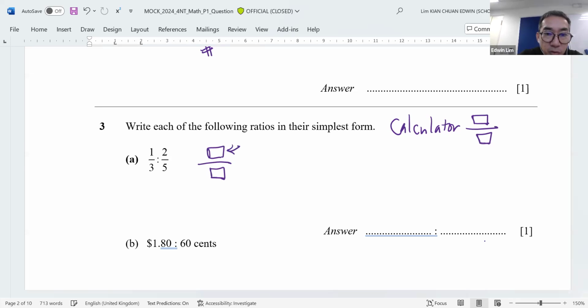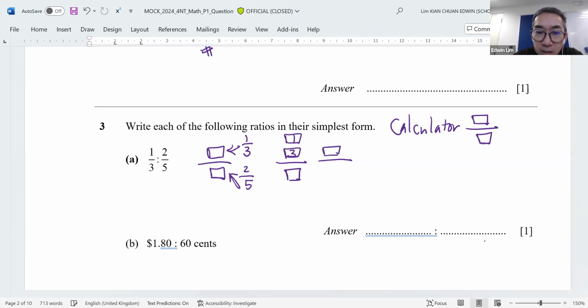The top, you're supposed to write 1/3, and the bottom, you're supposed to write 2/5. So when you're writing the 1/3 at the top part of the fraction, you press another fraction sign. You will get this, and this is whereby you can key in 1/3. After you key in 1/3 at the top part, now at the bottom, whereby it's an empty box, you need to press the fraction sign again.